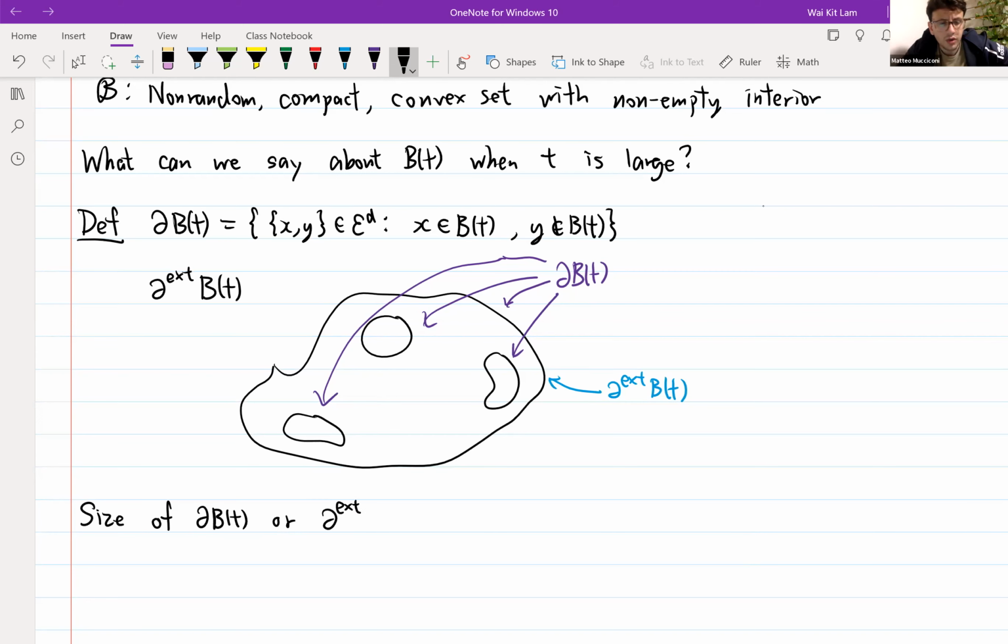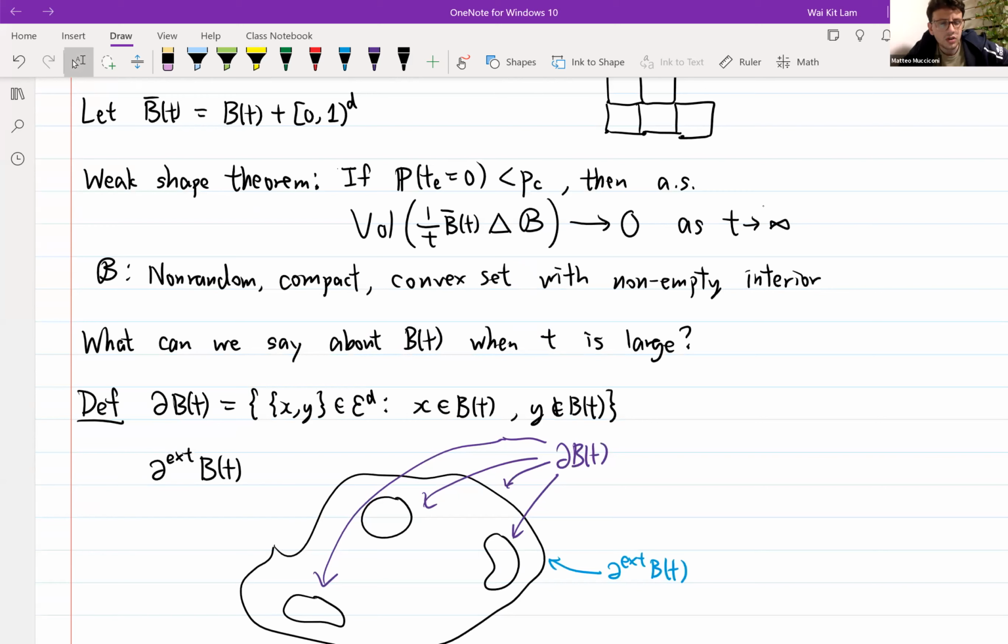I also have another question. This set B, the one in the theorem, depends only on the distribution? Yes, it depends only on the distribution. And are there other cases where this B can be described exactly? As far as I know, essentially there's no way to describe this B precisely.